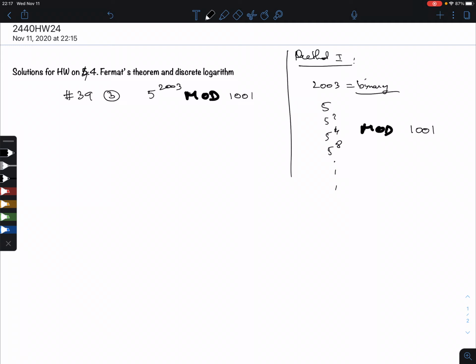Now, in the lecture we saw that there is a faster way if you work with a prime.